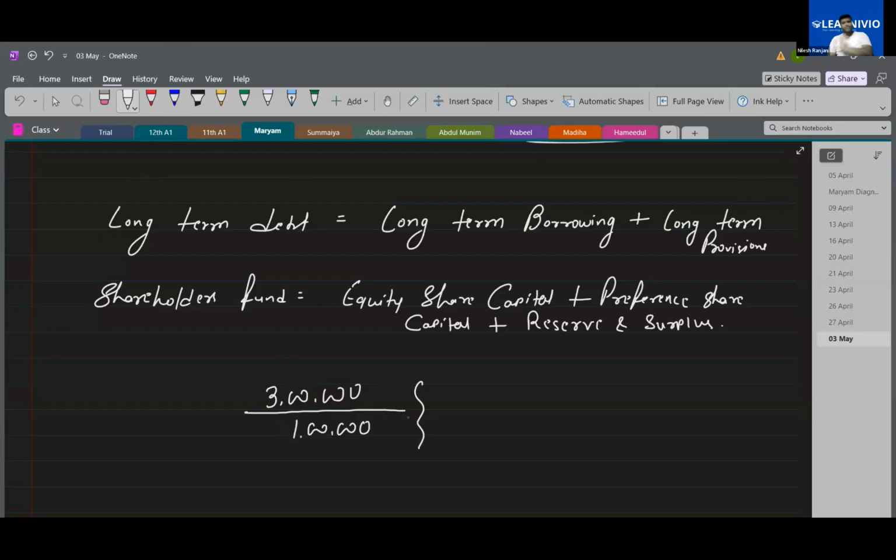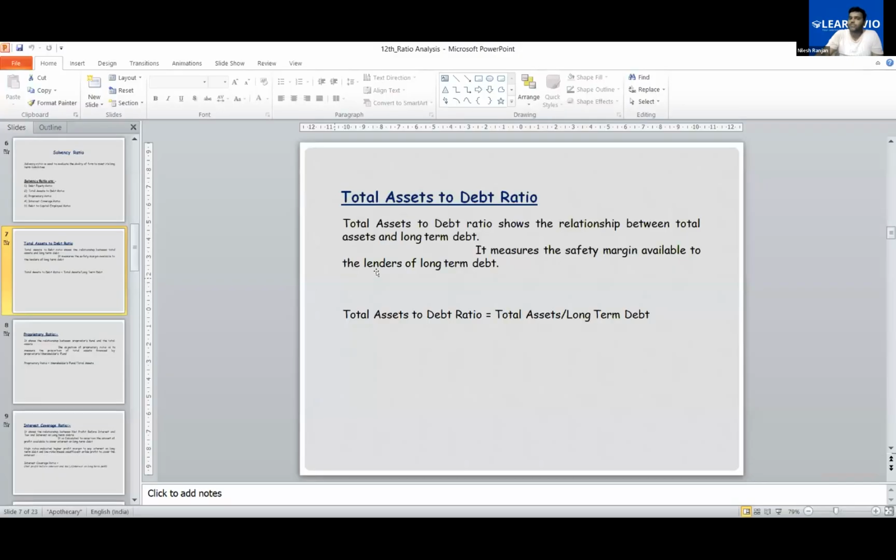It doesn't matter, we will be able to pay all these liabilities, because if we sell all our assets, we can pay this long-term debt 3 times. If we sell any one portion of the assets, then also we will fulfill our liabilities. That is what it is saying: it measures the safety margin available to lenders of the long-term debt. The formula is total asset to debt ratio equals total assets divided by long-term debt.